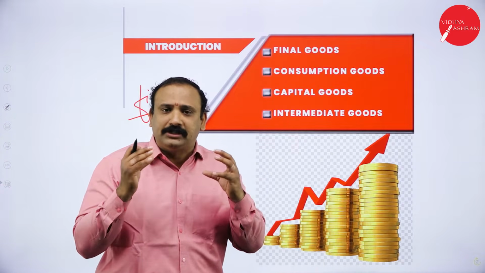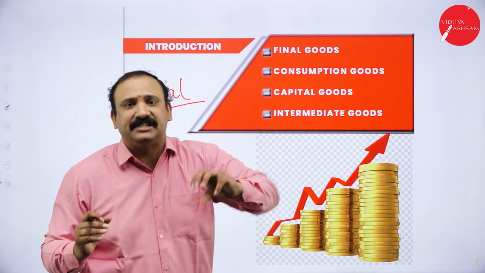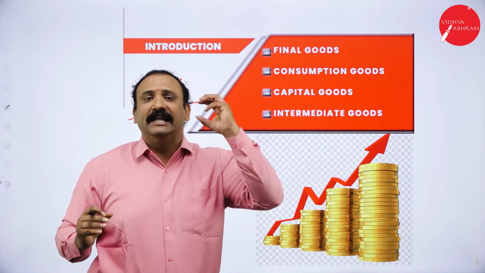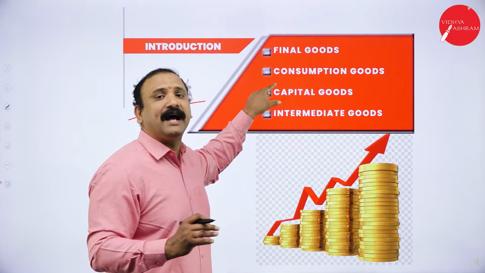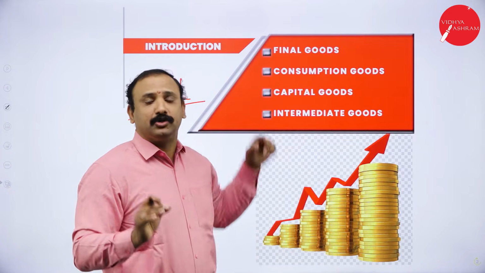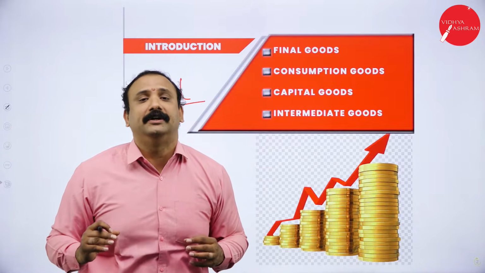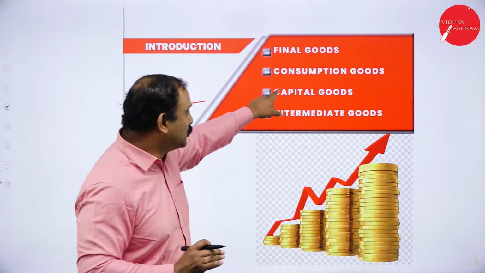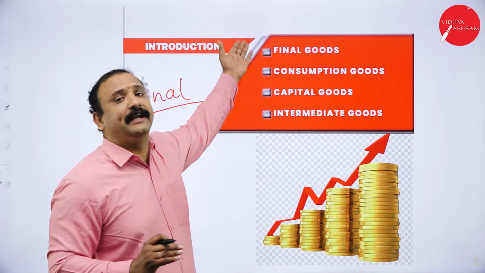So capital goods are primarily the investment factor that is invested in the form of material, in the form of machinery, in the form of some component or factor that is used to manufacture the final good. So capital good is the form of input that we need to understand when it comes to national income accounting. So using the capital good, I will be able to produce my final good.